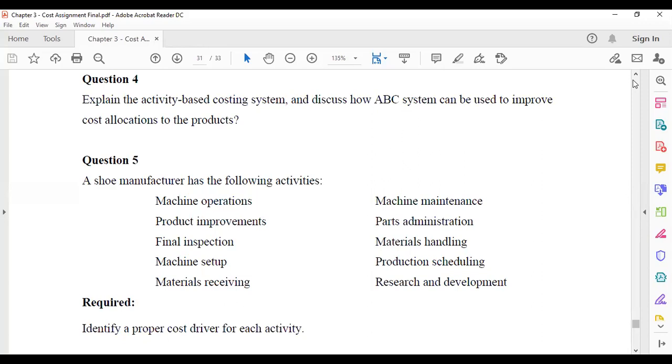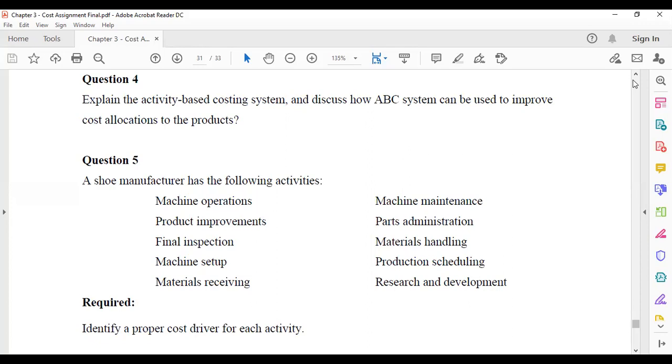So in a range of activities we may identify, and these activities are what we considered as the cost centers, and in fact we call it activity cost pools, or activity cost centers, right? We call them. And then, having identified these activities, I told you that the products make demand for these activities.